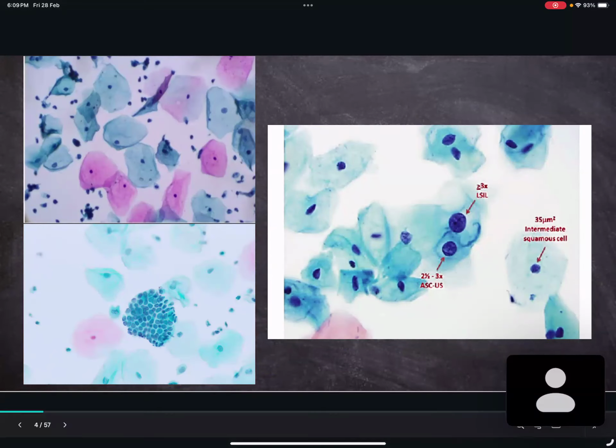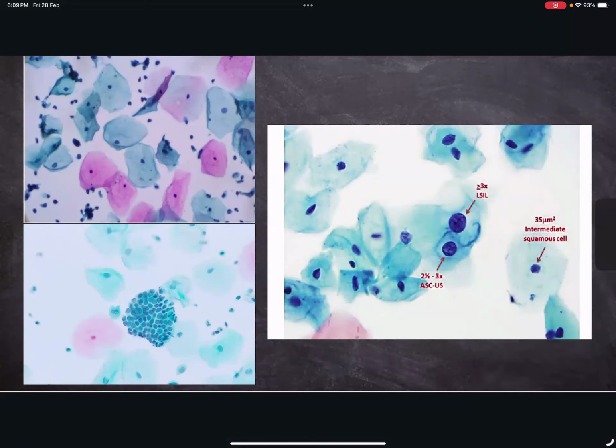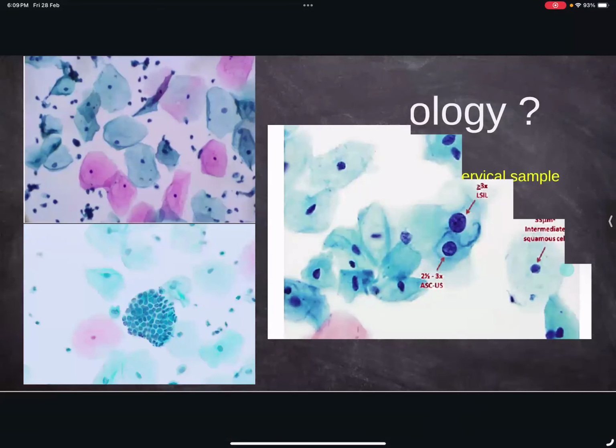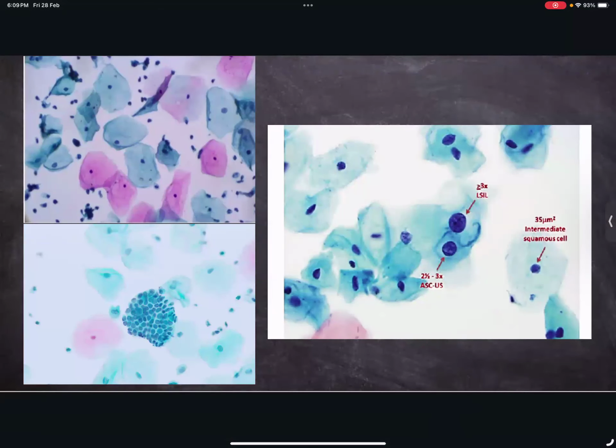Next slide. And in this smear, you can see these are the, there is no pointer. As you all know, the cervix has an ectocervix and endocervix. The ectocervix is lined by the squamous epithelium and endocervix is lined by the endocervical columnar epithelium.